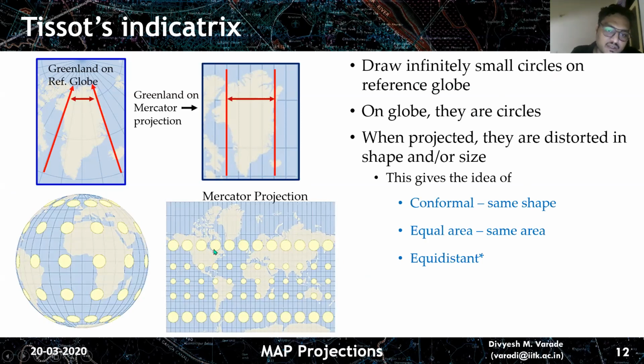When we see these circles on the Mercator map or the projected map, we can identify whether the map holds the property of conformality, that is, whether the shapes of the areas or countries are preserved, whether the areas are preserved along these Tissot's indicatrices, or whether distances are preserved.